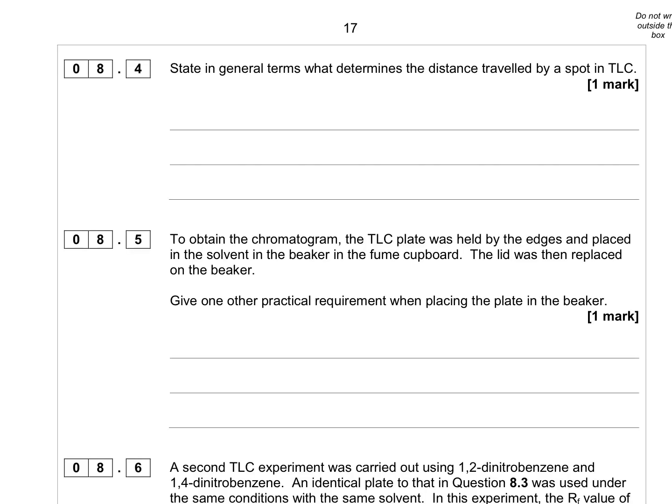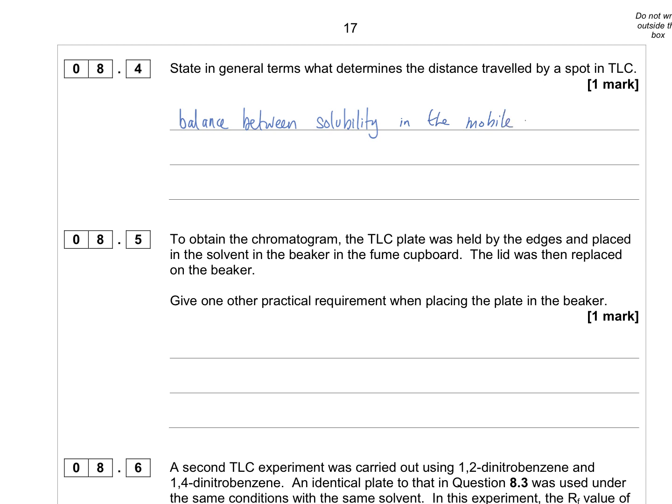So you then are asked to state in general terms what determines the distance travelled by a spot in TLC. So you can talk about the difference in whether it's soluble or whether it has a retention to the solid, or you can talk about different affinities. Both are acceptable ways.